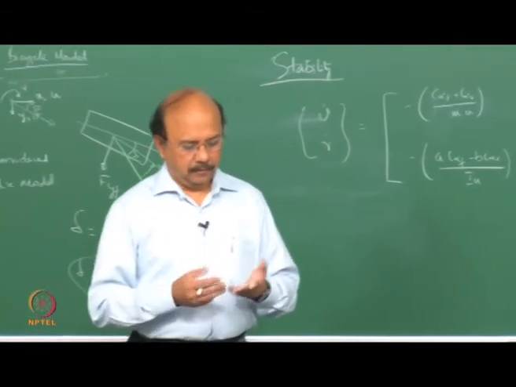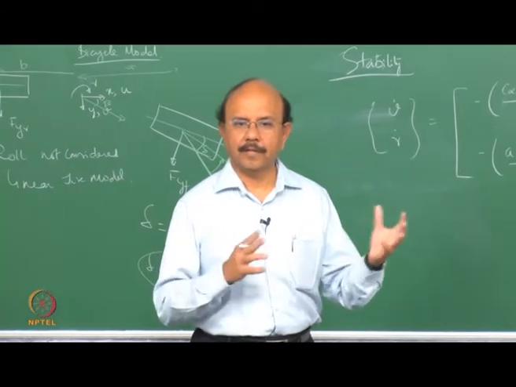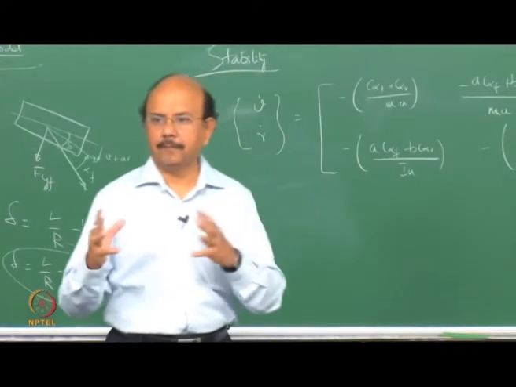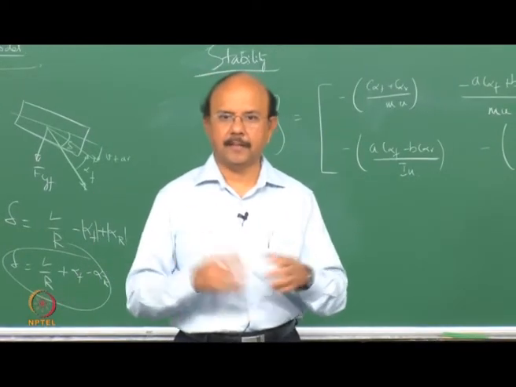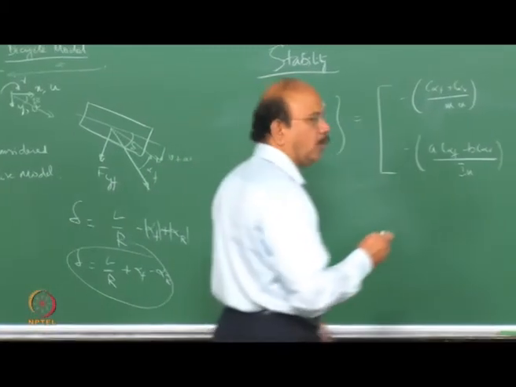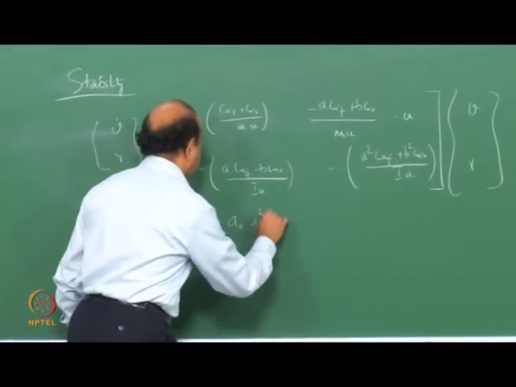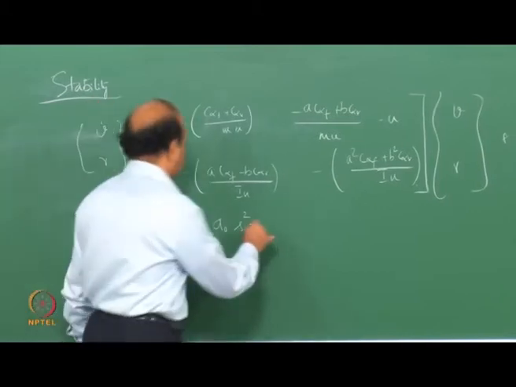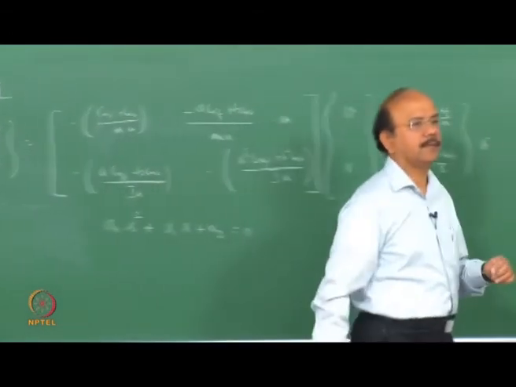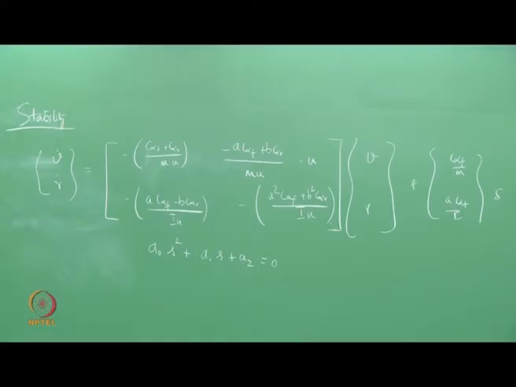And then we took the Laplace transform, and arrived at an equation in the Laplace domain. So ultimately we wrote down an equation as a naught s squared plus a1 s is equal to 0. This is where we left.